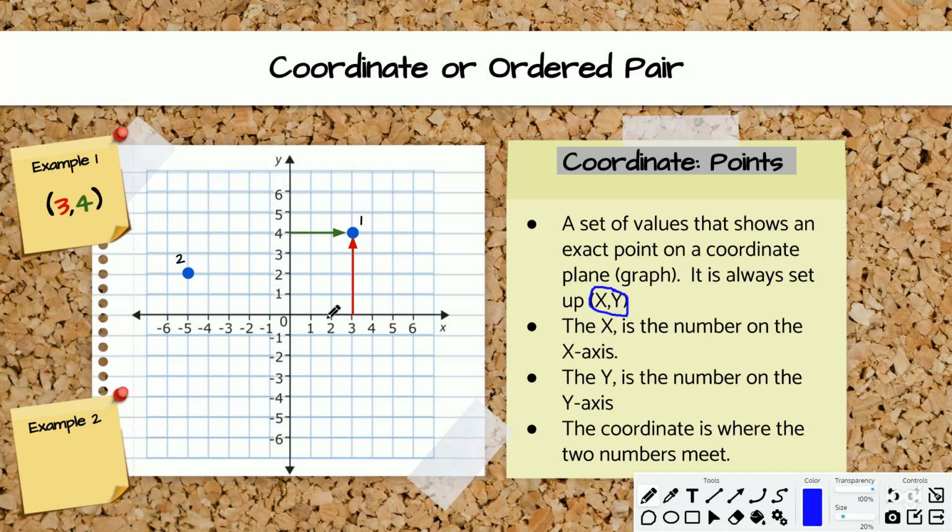So here's the x-axis, and here's the y-axis. Here's where our lines go, and the x number is right here, and our y number is right here. So our coordinate to find that point would be (-5, 2), -5 for the x and 2 for the y.